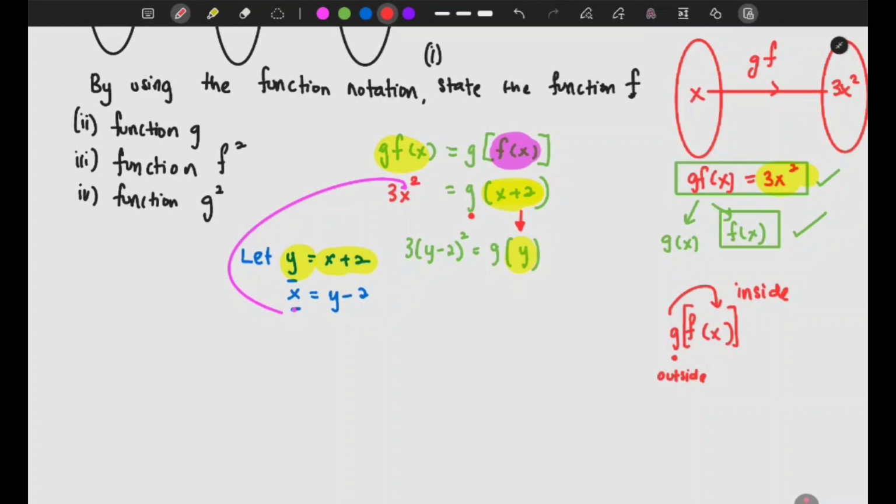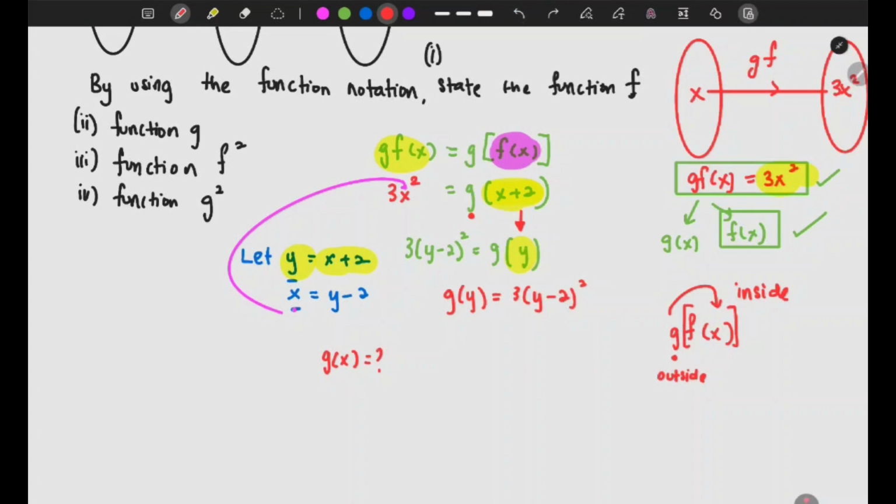But are we done? What are we asked to find? We are asked to find g(x), not g(y), isn't it? This is what they want, but what we found is g(y). So what should we do? Replace your y with x.